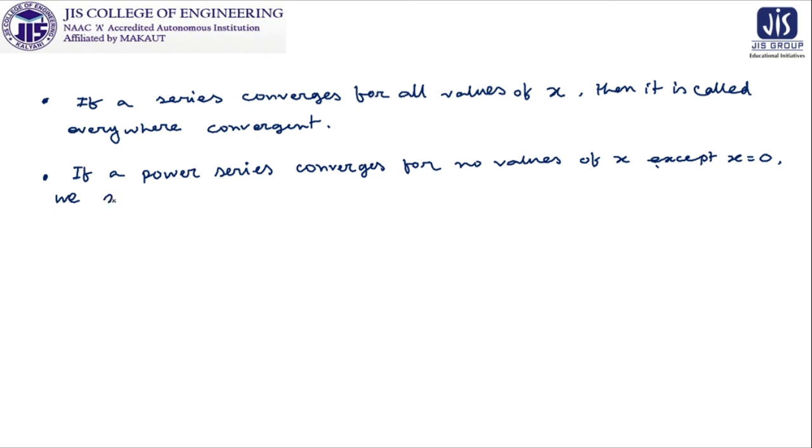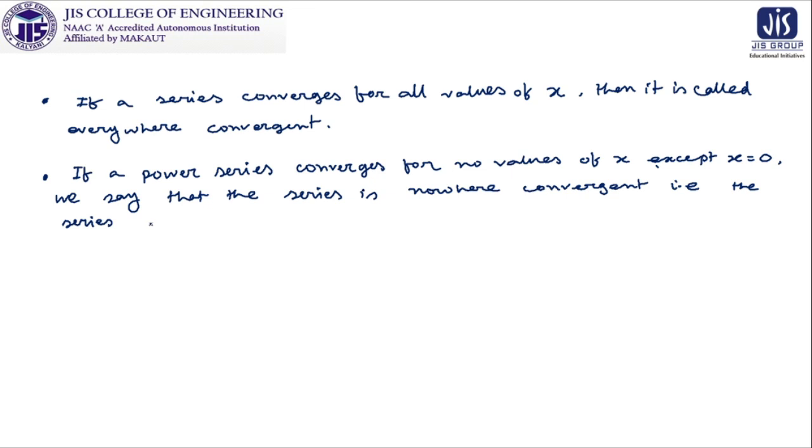Then we say that the series is nowhere convergent, just the opposite of the first statement, that is, the series converges for no values of x other than x is equal to 0.